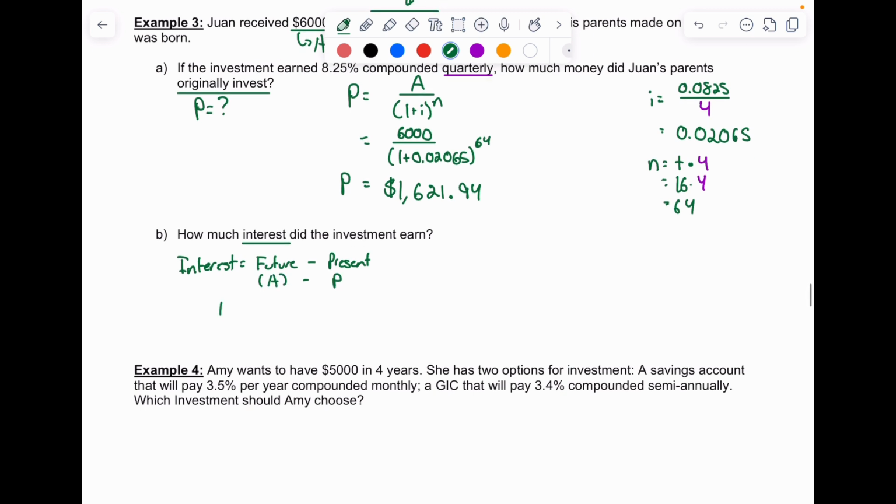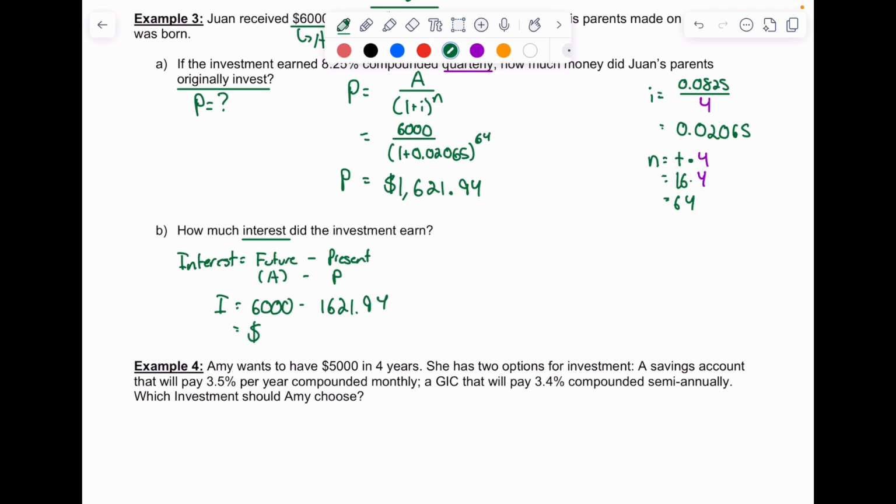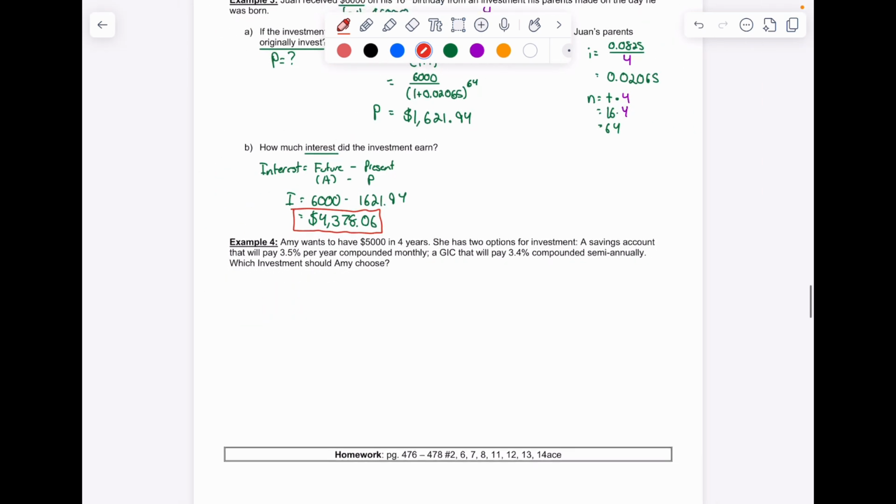So the interest is we had $6,000 in the future minus what we started with, the 1,621.94, equals 6,000 minus 1,621.94, which is 4,378 and 6 cents. So that's how much money was gained from the investment. Quite a lot, actually. So it's very good to invest the money for a long time.